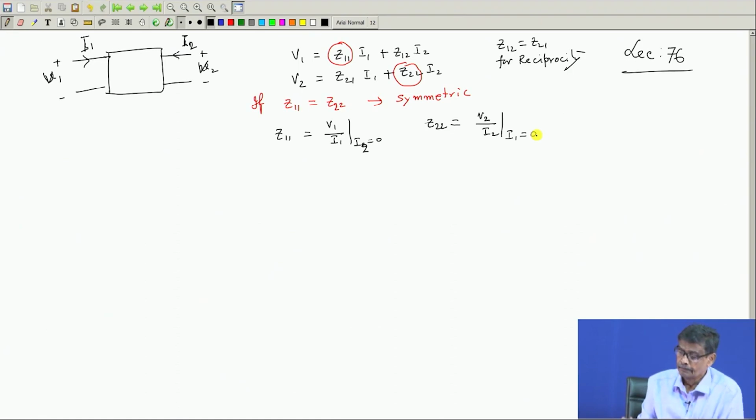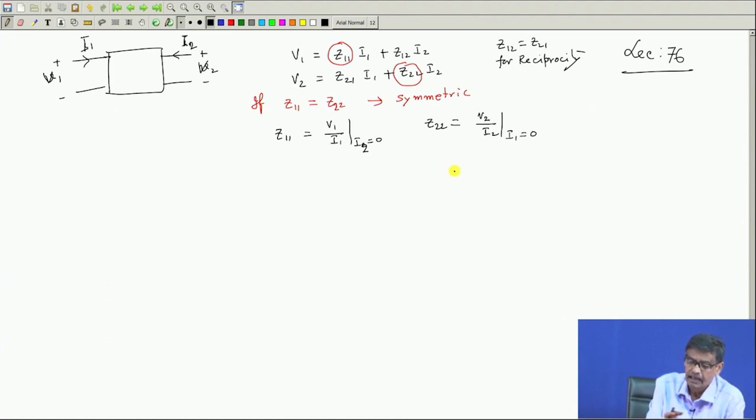So, naturally this is the general condition: no matter in which form you describe the two-port network, whether short circuit admittance matrix, ABCD parameters or H parameters, you have to find V1 by I1 with I2 equal to 0, and V2 by I2 with I1 equal to 0.